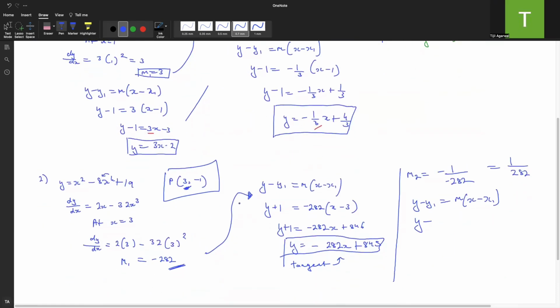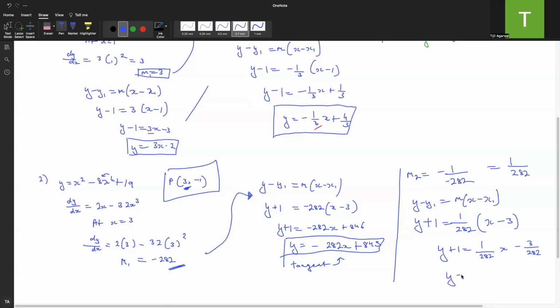So y minus negative 1 again becomes y plus 1, which is equal to 1 over 282 times (x minus 3). I'll write it separately. So y plus 1 is equal to 1 over 282x minus 3 over 282.